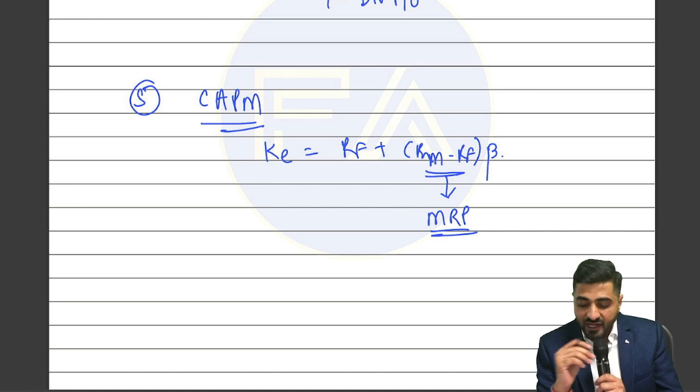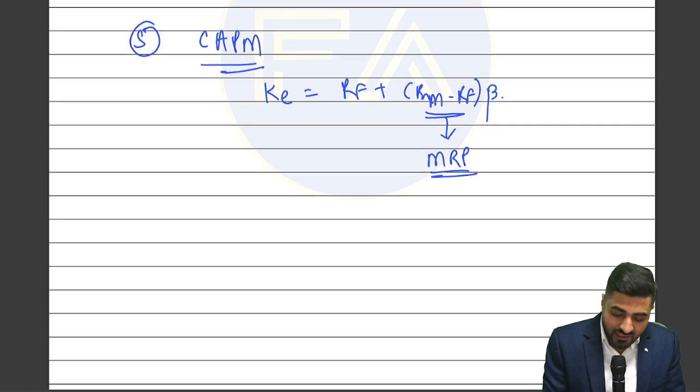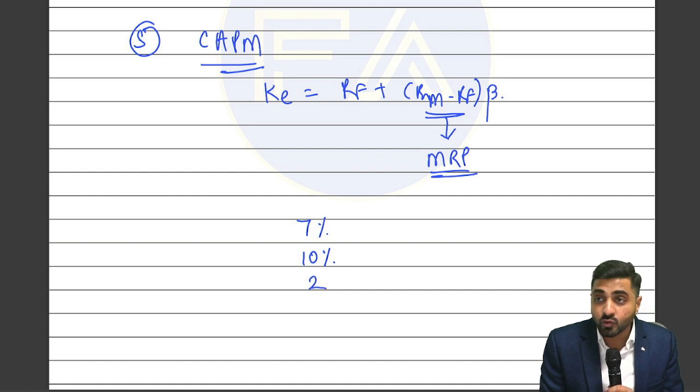RF is nothing but the risk-free rate. Suppose they give you that the risk-free rate is 7%, the return on market is 10%, and a beta of 2. Is this data sufficient for you to calculate your KE? Yes, sir.